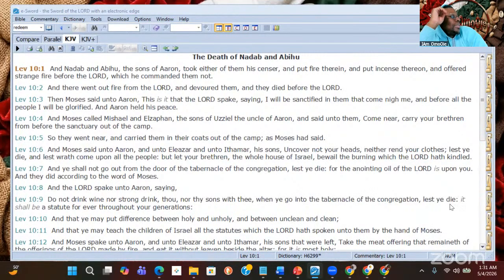All right. This is the death of Aharon's sons. And Nadab and Abihu, at least get their names right.